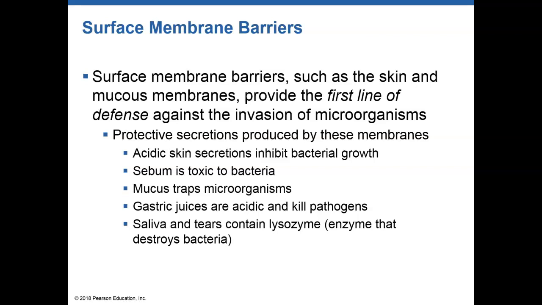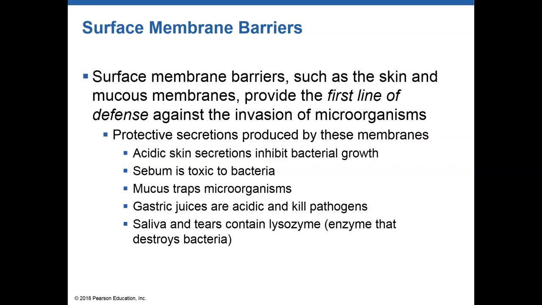Sebum is the oily secretions. Sebum has certain enzymes that can be toxic to bacteria. Sebum also can keep oxygen from getting to the bacteria. So if bacteria replicate or can grow better in an oxygenic environment, they're not going to be able to grow as effectively. We have mucus then, which is part of the first line of defense.